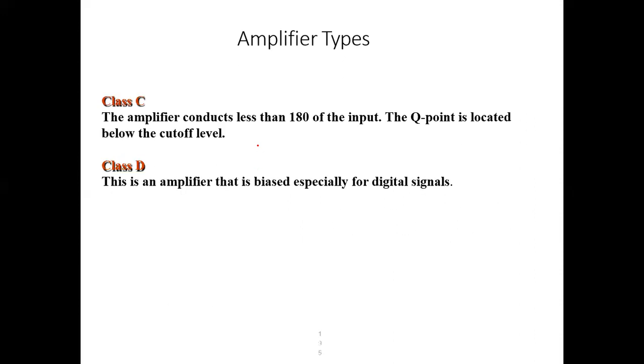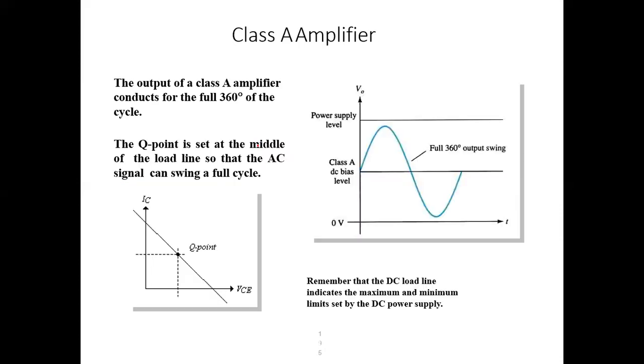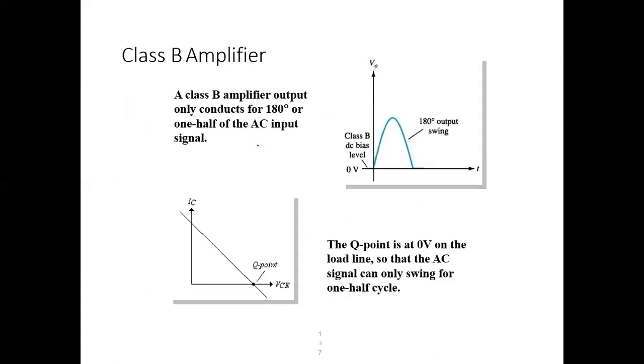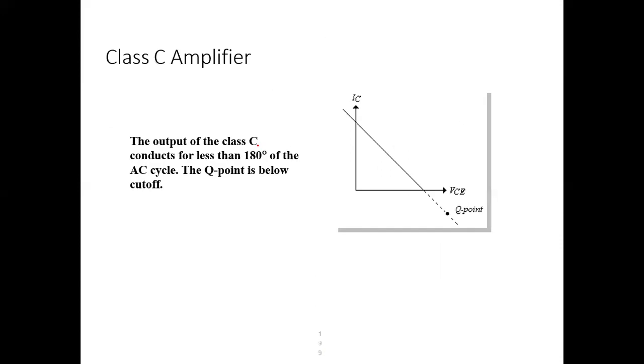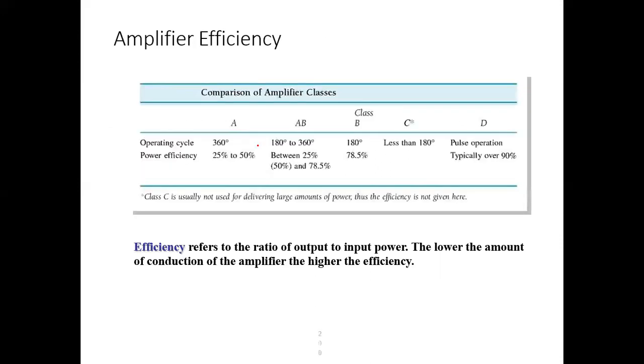Then class C and class D. The class C amplifier conducts less than 180 degrees, and the Q point is located below the cutoff level. Class D is an amplifier that is biased efficiently for digital signals. This is the model of the class A amplifier, class B, class AB, class C, and amplifier efficiency.